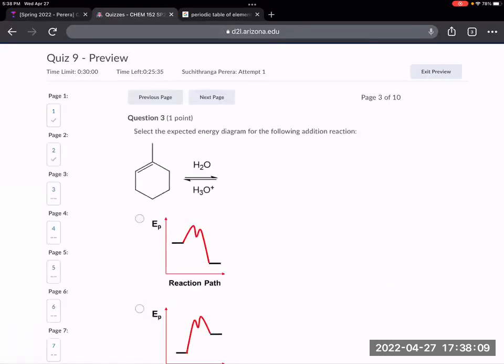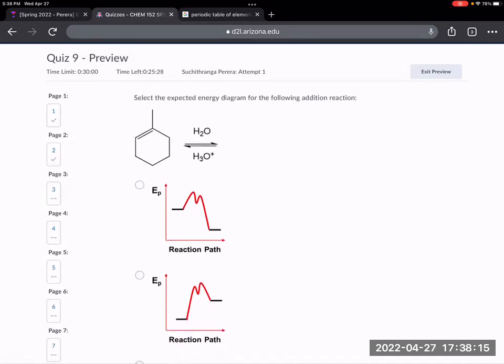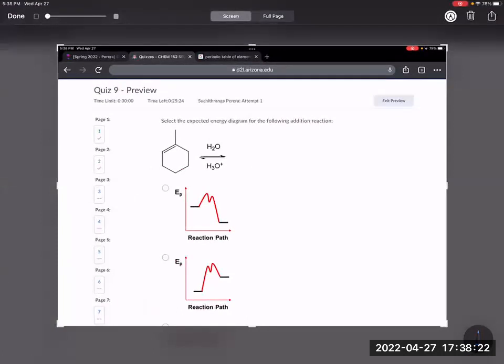Moving on, third question: select the expected energy diagram for the following addition reaction. We have the acid catalyzed H3O addition, so let's go check that out. We need to know how addition reactions occur. There are only two mechanisms for addition reactions.